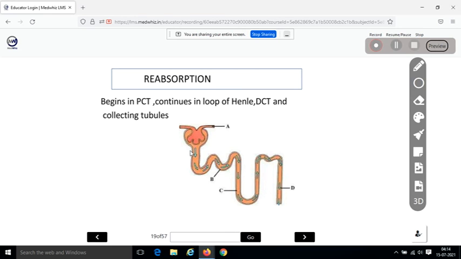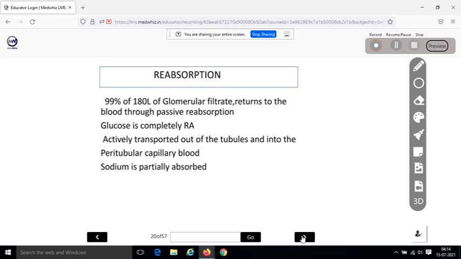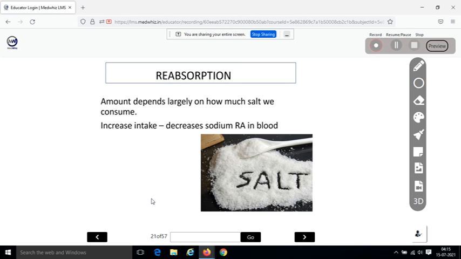Reabsorption begins in the proximal convoluted tubule, then continues in the loop of Henle, distal convoluted tubule, and collecting duct. Now 99% of the 180 liters of glomerular filtrate returns to blood through reabsorption, and glucose is completely reabsorbed, actively transported out of the tubules into the peritubular capillaries, but sodium is partially reabsorbed and the rest goes to the remaining segments.